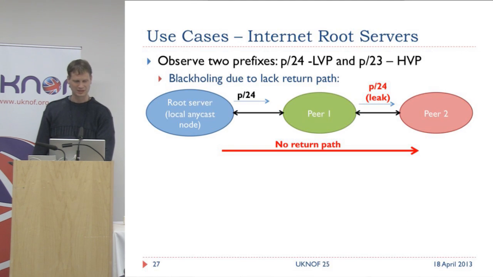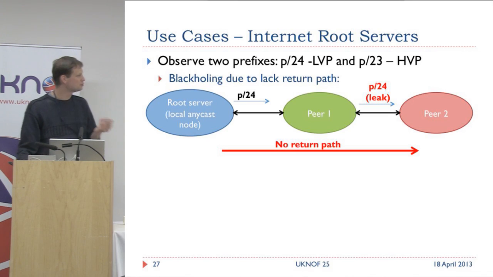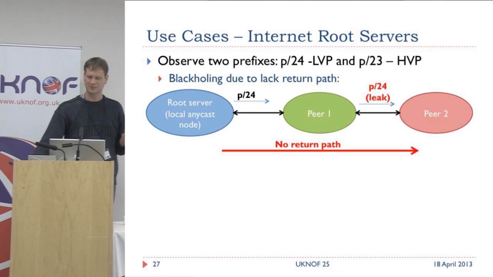So, for example, here we have the root server, and they're doing anycast. They give their prefix, which is a /24, to a peer at the exchange point. At some exchange points, they get a full feed from one or two ISPs, but at others, they don't get a full feed.